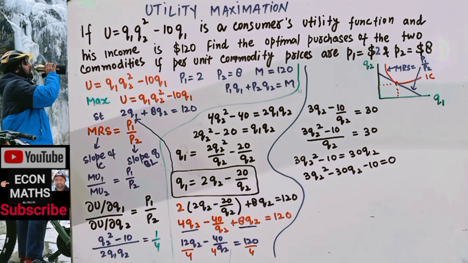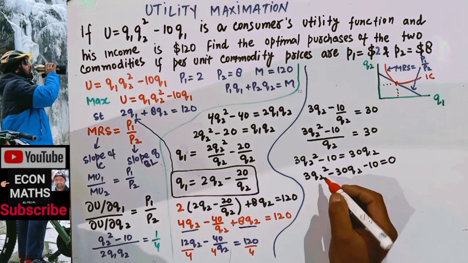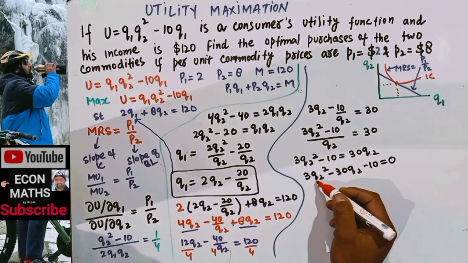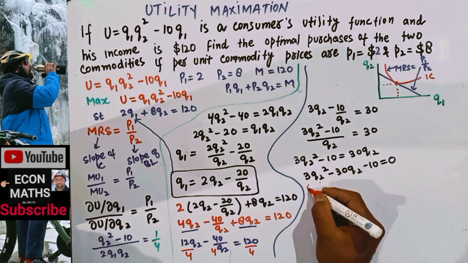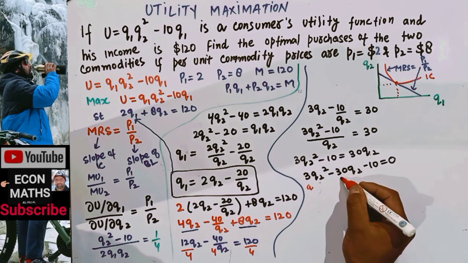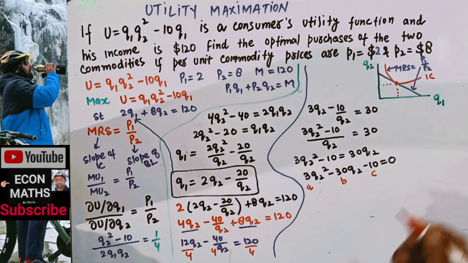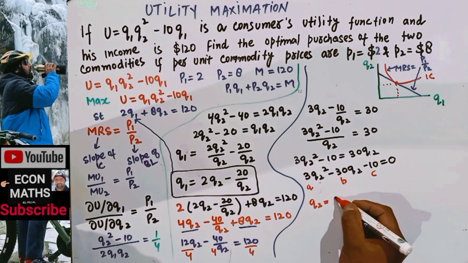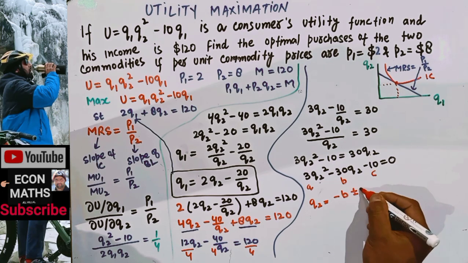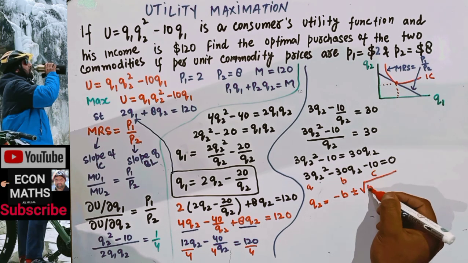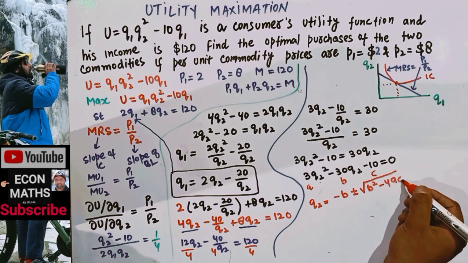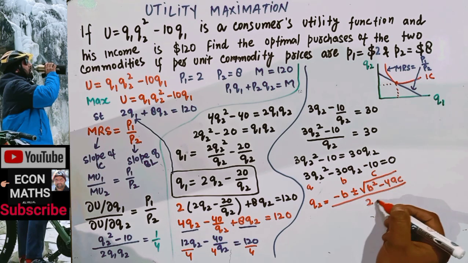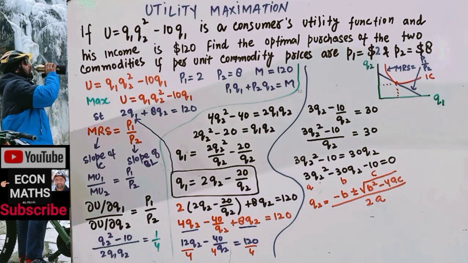Okay, so let me write it here, then I will rub this. So we know A is the coefficient of q square, let's denote the coefficient of q by B, and the coefficient of the constant term is C. So q2 will be equal to minus B plus minus square root of B square minus 4AC, divided by twice A. Okay, let's see what is B. First we have minus B from the formula.